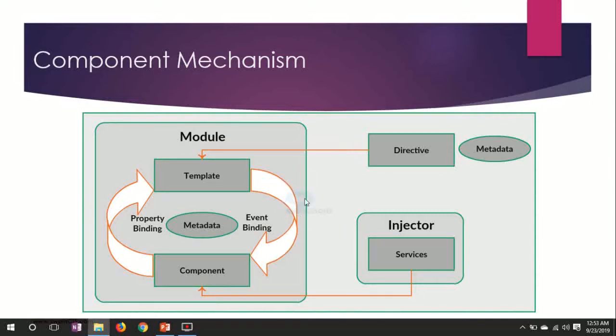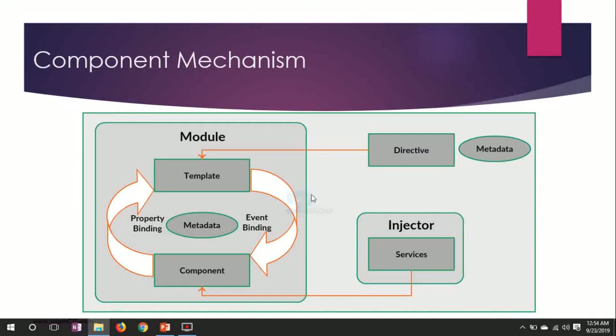Event binding sends the data from the template to the component. And if you want to manipulate any data with a function on the template or view, you need to use directives. We will discuss how to develop directives, and we have some predefined directives, and we can also create custom directives. Those chapters we will cover in the directives section.